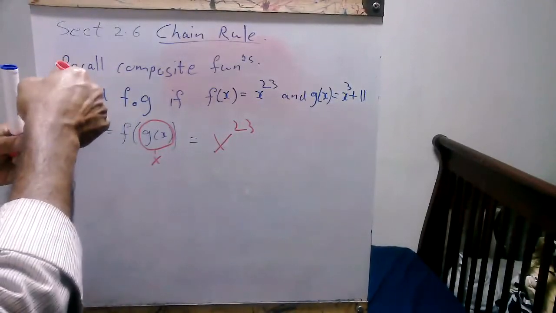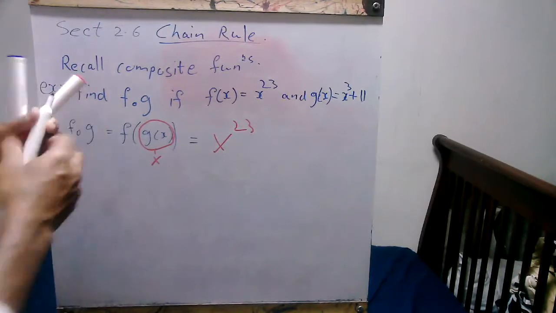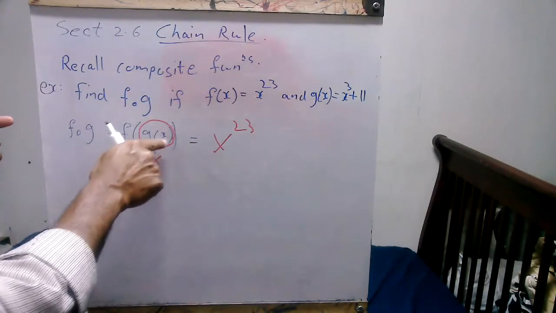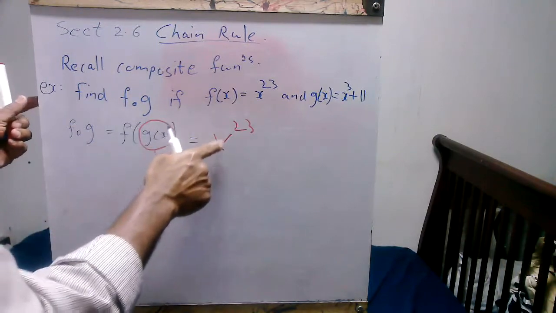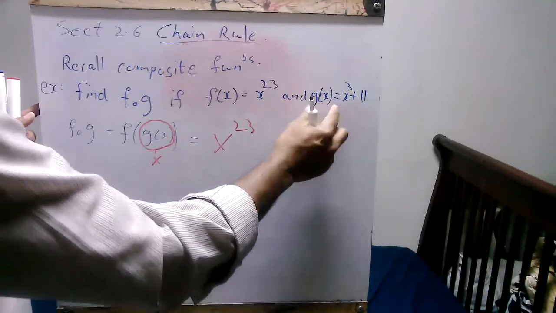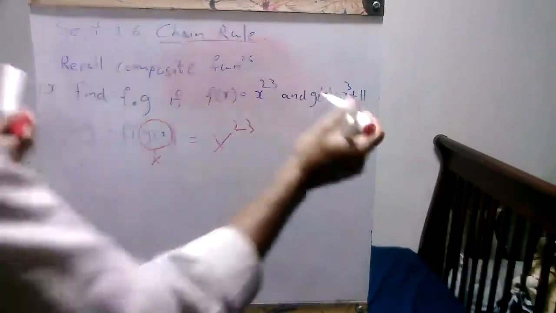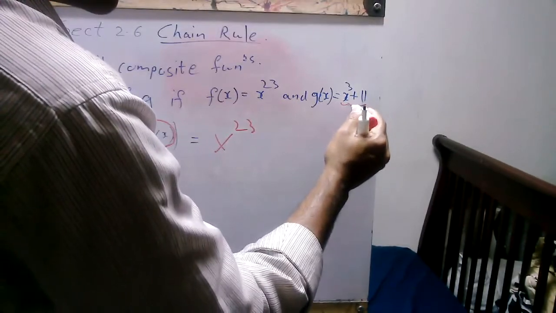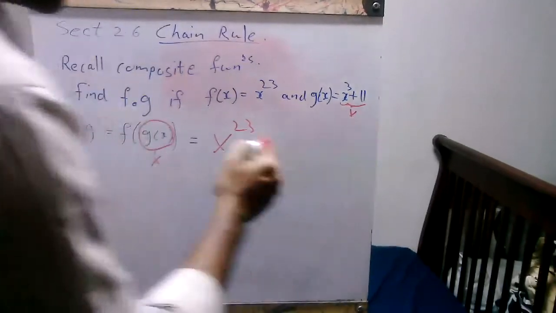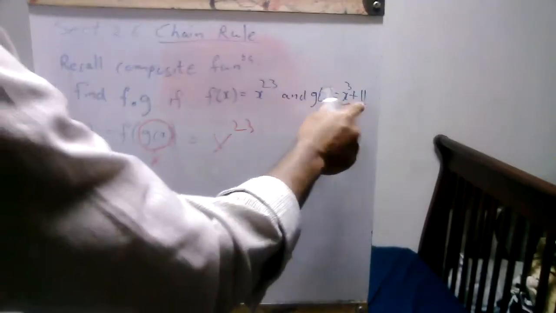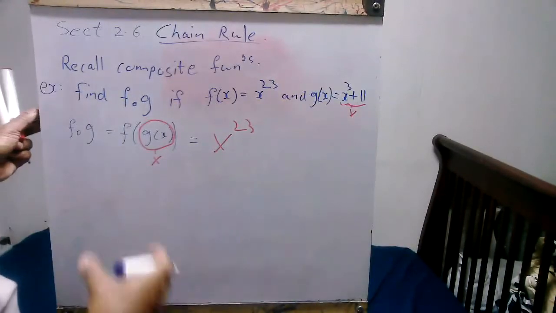Now what we do here is, this x is g of x, therefore we have to replace this x with g of x. g of x is what? g of x is this. This is this capital X. So what I'm going to do is take off this x and put x cubed plus 11.